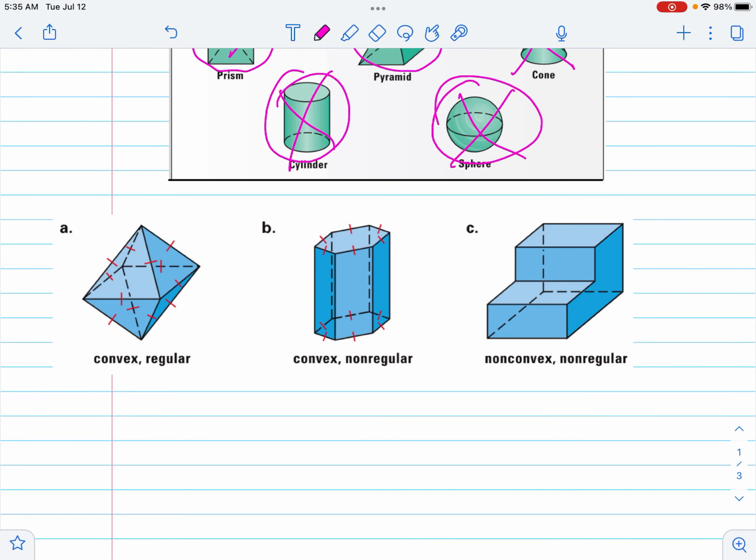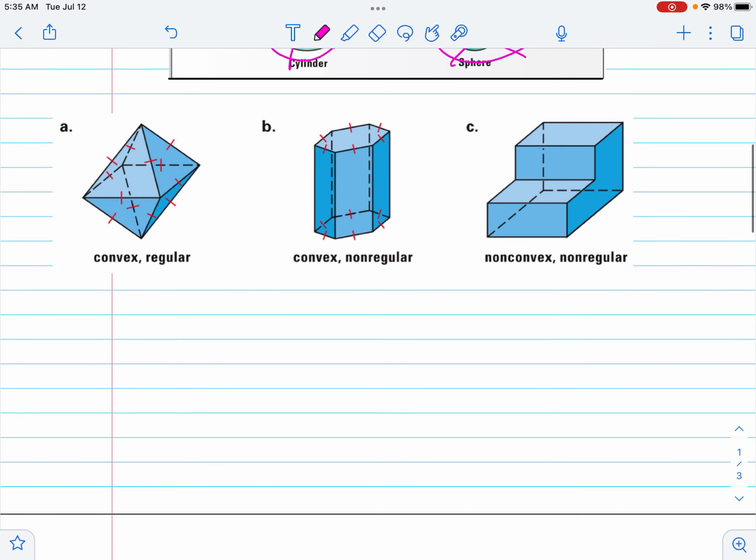Now, remember when we talked about polygons, we kind of classified them. We said, well, what does it mean when a polygon is regular? Well, it means that all the sides and angles are congruent. And then we said, well, what about convex? What does that mean?